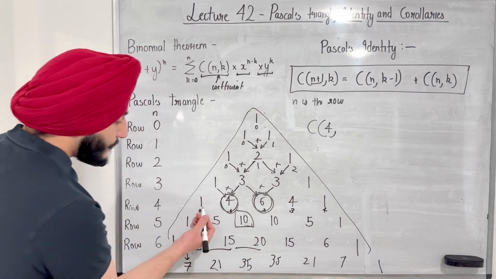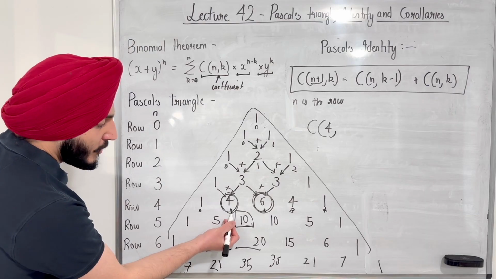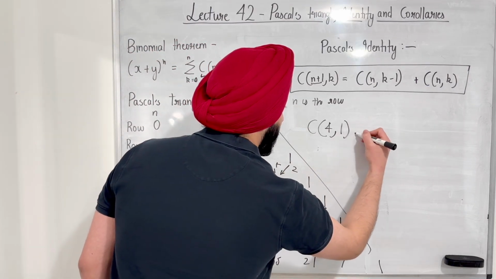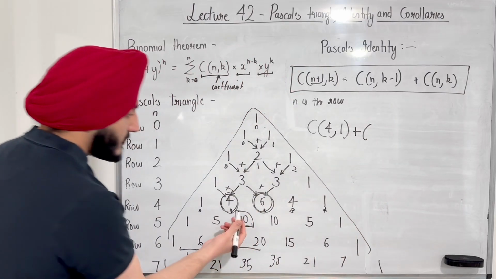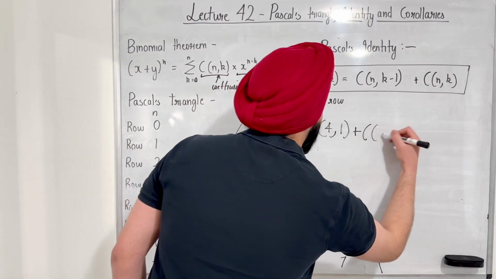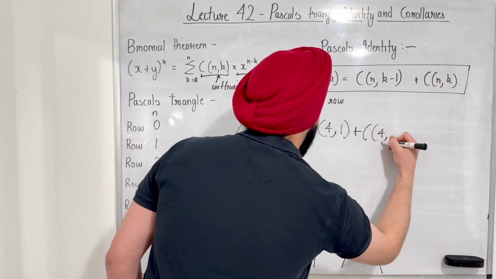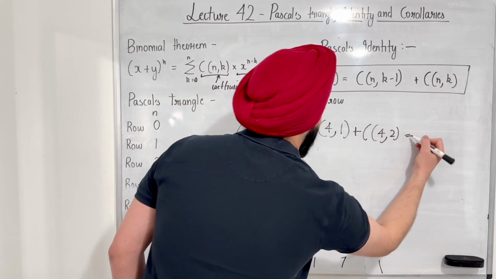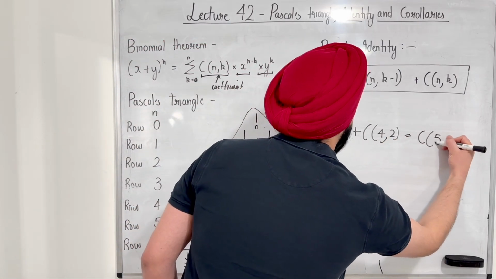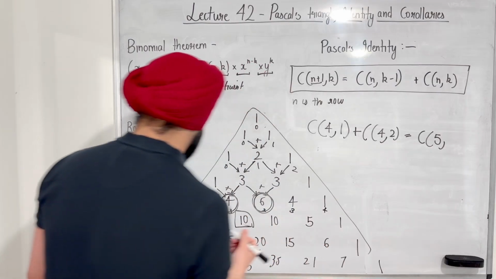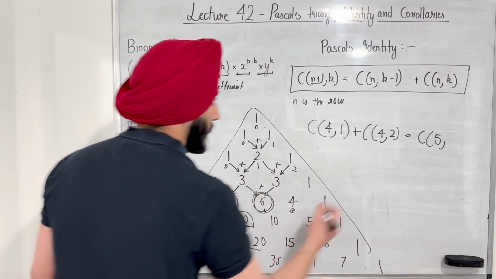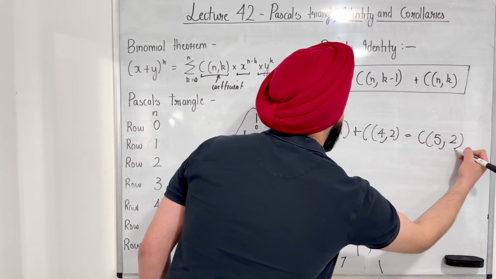Okay, so I have k value 1 and n value 4. So it's going to be C4 comma 1 plus C4 comma 2. If you add it together, you get C5 comma 2.